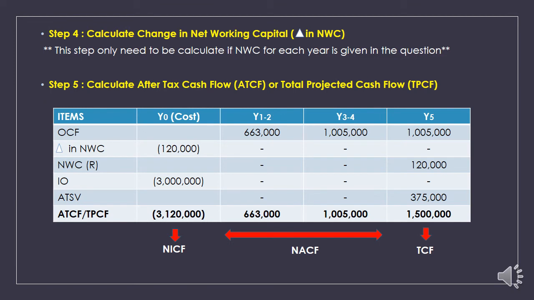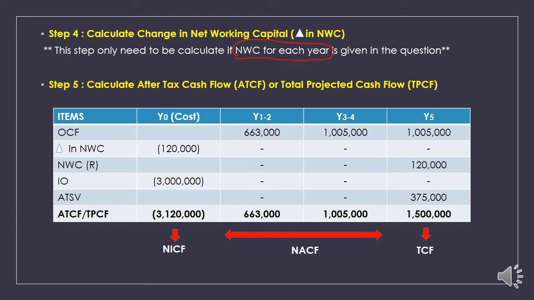And after you complete step 1 until step 3, next we continue with step 4, which is to calculate the change in net working capital. Based on the information, this step will only be calculated if the yearly net working capital is given. So this step only needs to be calculated if net working capital for each year is given in the question.